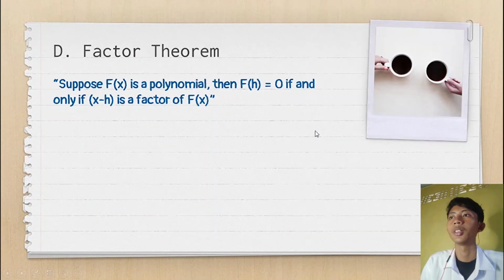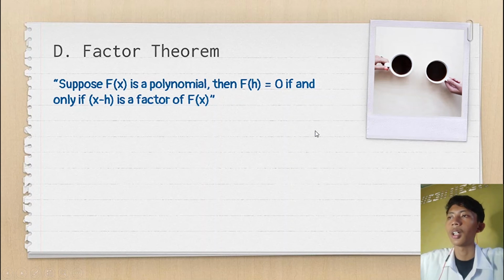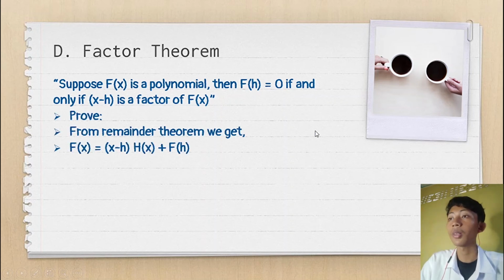And then D, factor theorem. Suppose f(x) is a polynomial, then f(h) = 0 if and only if x minus h is a factor of f(x). Proof: from remainder theorem we got f(x) = (x minus h) q(x) plus f(h).